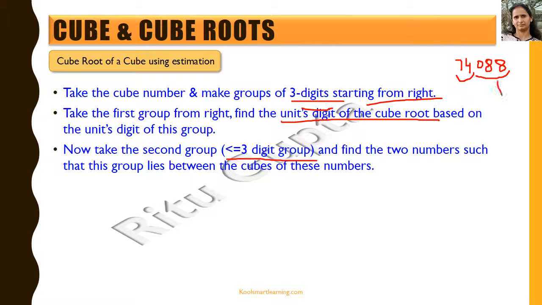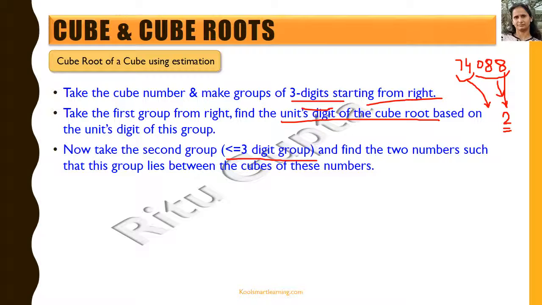So here, looking at the units digit, we say that 2 is the units digit of its cube root. Now we take 74, and we say that this lies between the cubes of two numbers.